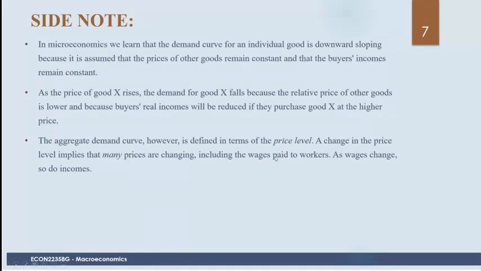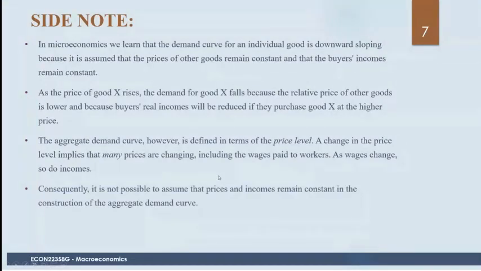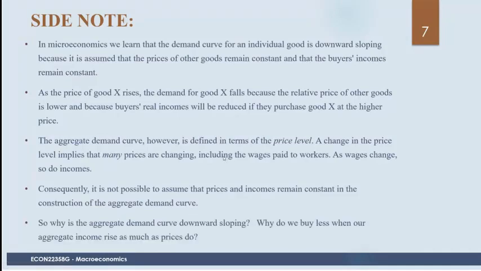As wages change, so does income. So it's not possible to assume that prices and incomes remain constant in the construction of the aggregate demand curve. That begs the question, then, why is it downward sloping? Why do we buy less when prices rise?